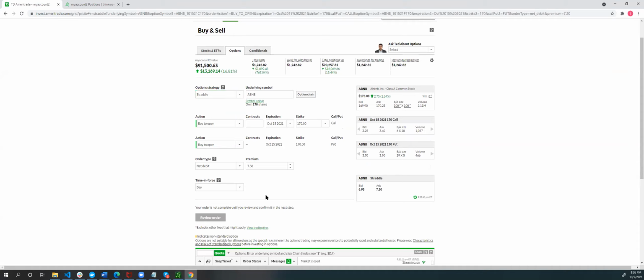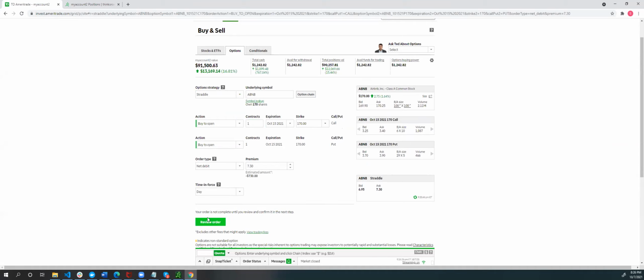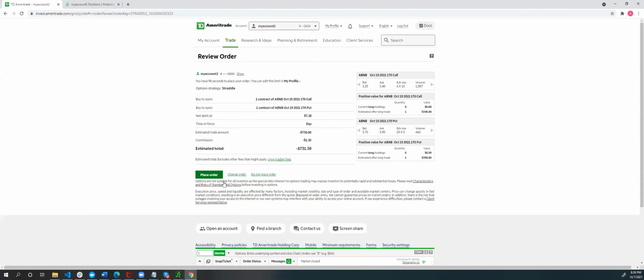So you can review the order and then put how many contracts you want to buy, of course. 730 means it's a debit, so you're paying $7.30. So it's a minus 730, right? I can go ahead and review, and then I can place the order.